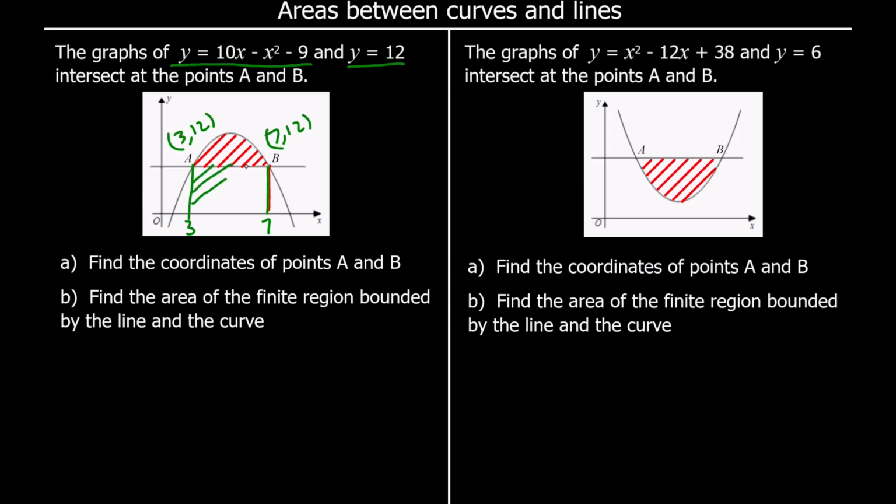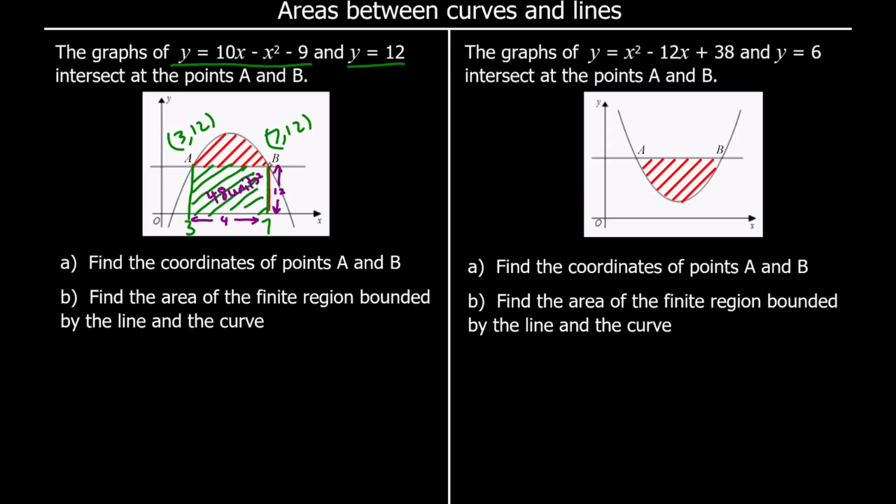We're going to have this extra rectangle here, which we can take away. So we've got a rectangle with a base of 4 and a height of 12. So the area of that rectangle, 4 times 12, is 48 units squared.